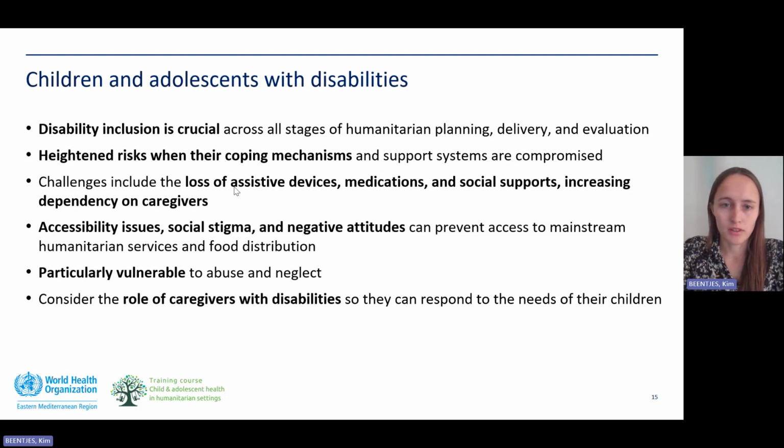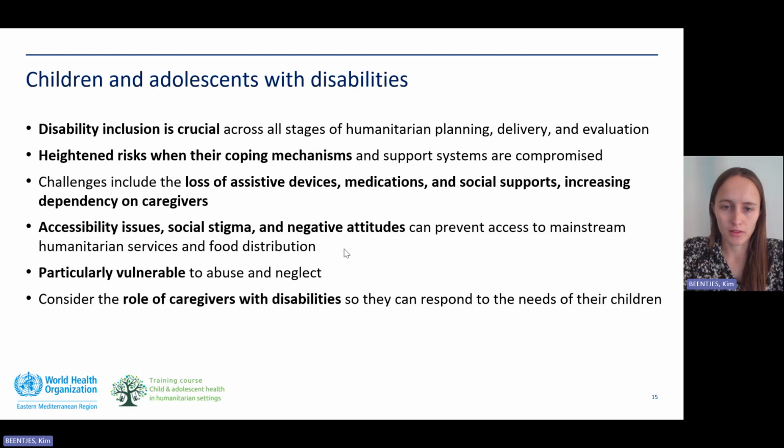There's heightened risks for children and adolescents when their coping mechanisms and support systems are compromised. And challenges here include the loss of assistive devices, medications and social supports, and also increasing dependency of caregivers. Then there might also be problems with accessibility.